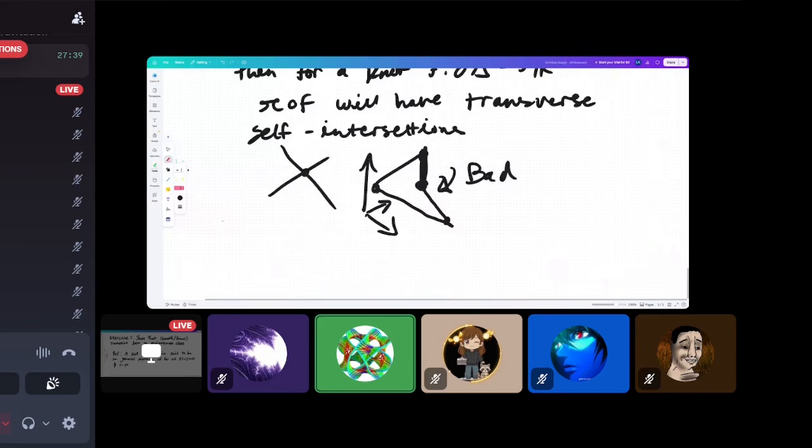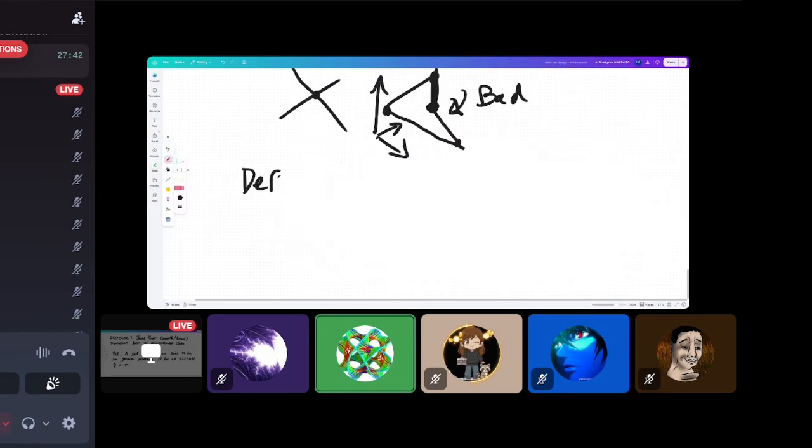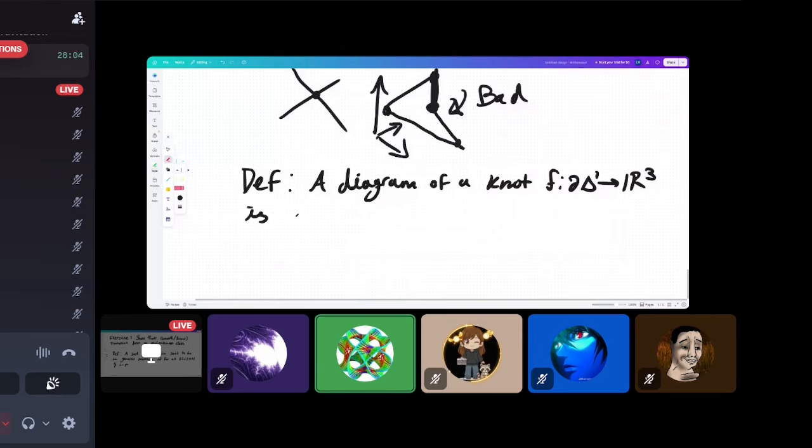Okay, so we define a diagram of a knot f going from the boundary of delta 1 to R3 is π composed with f, where π goes from R3 to R2 by π(x, y, z) = (x, y).